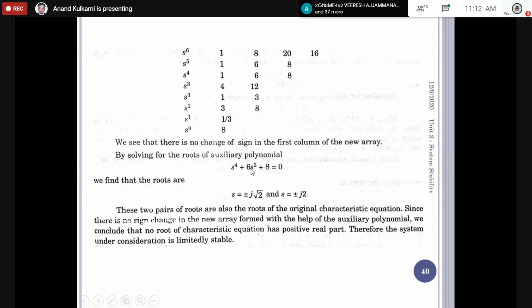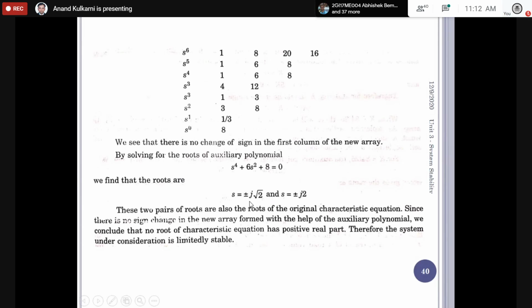So the S^2 value we will get is minus 3 plus root of 36 minus 32, that is 4, root 4 is 2, divided by 2 like that. And another one is minus 3 minus 2 divided by 2. So the 2 roots will be like this. So in all there are 4 roots.